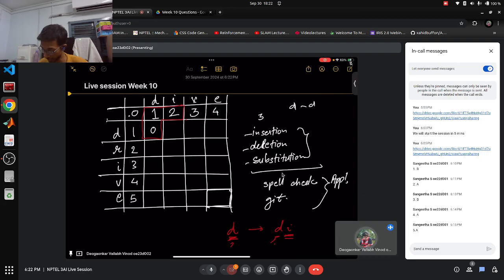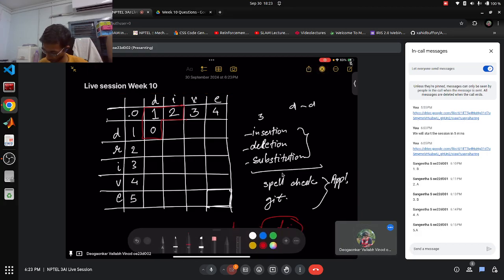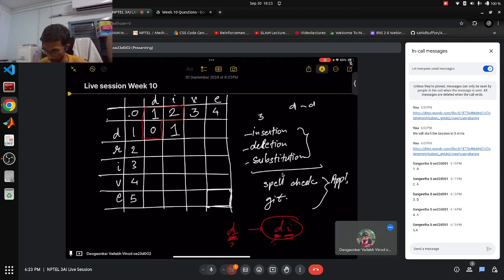So in this case, D and the first letter of this string DI are the same. That's why you just need to do one insertion operation. So the entry that you substitute at this place is actually 1.